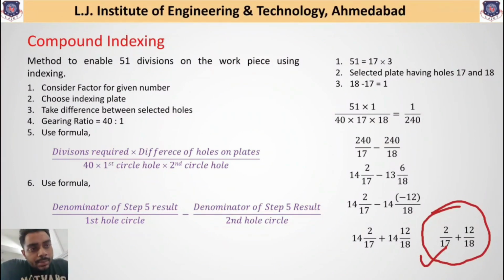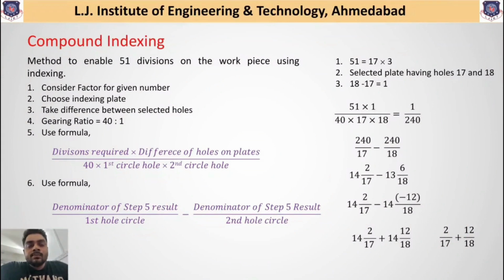Now the interpretation for the second number, that is 12 divided by 18, that is 12 holes need to be moved by the crankpin on the 18 holes indexing plate, but the direction will be, as the sign is positive, similar to the first one only. So for both conditions, the direction is clockwise only.